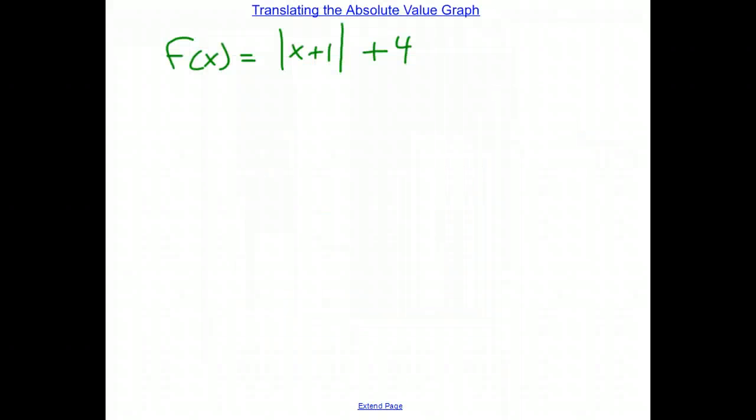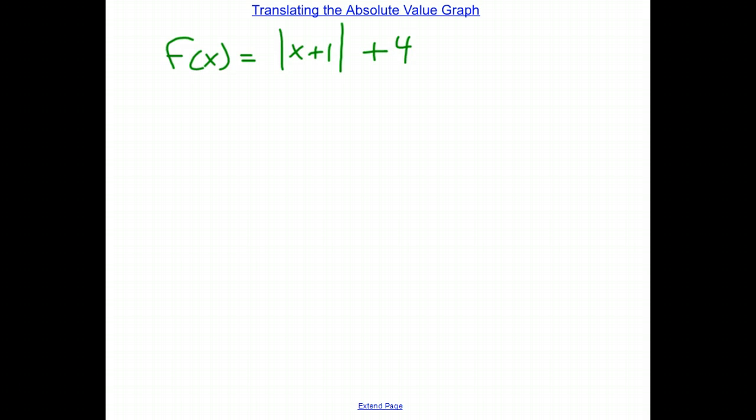So let's take a look at this equation here. There's a lot going on here. We're dealing with the absolute value of x plus 1, plus 4, equals f of x. So what's going on here? One way we could graph this, we could create a table, we could plot each point out, or we could use translations and what we already know.